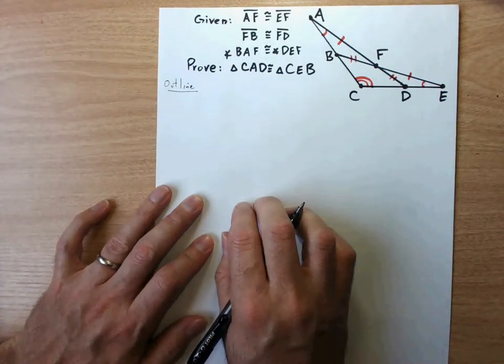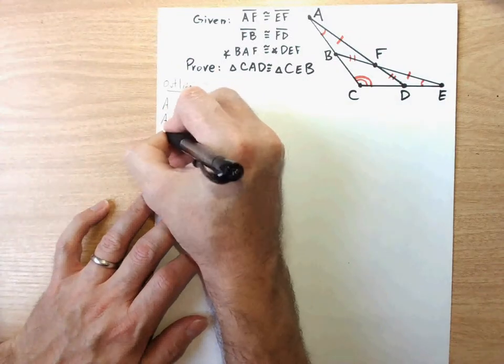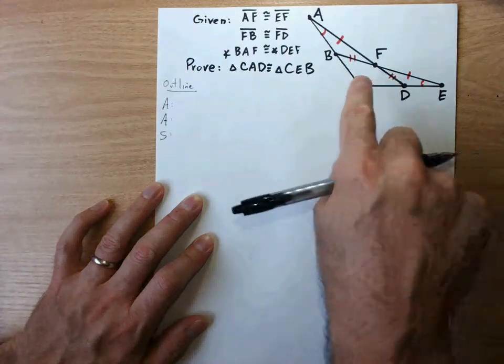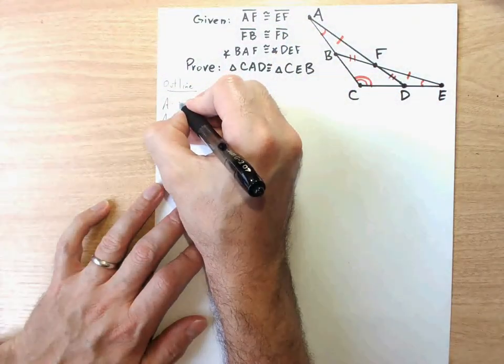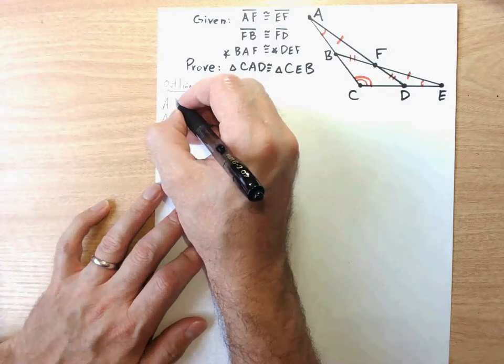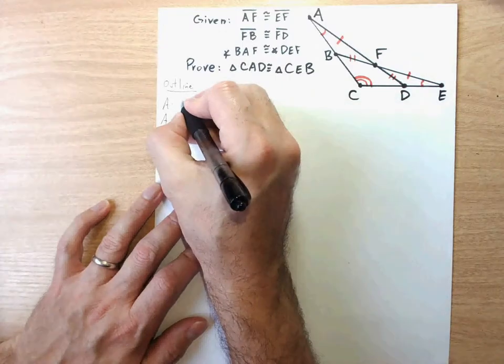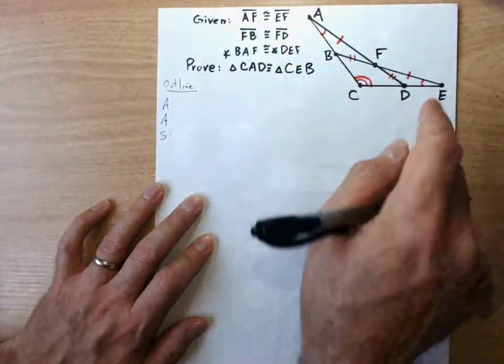Okay. So it looks like we're going to do AAS, right? So the first A is this ACE. Actually, no, let's do what's given. Although, well, that's not in the right order. No, we'll do CAD.